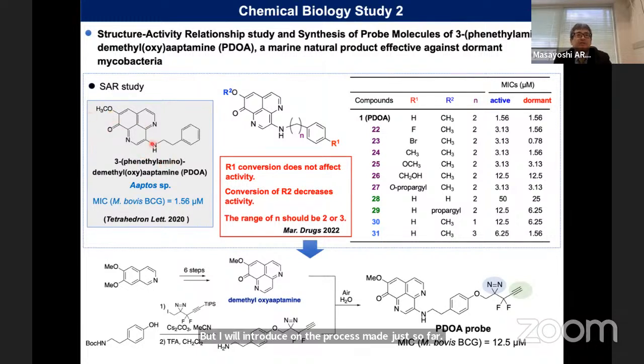This compound was isolated from an Indonesian marine sponge of Arctos species, and it not only shows potent antimicrobial activity, but also proved effective against multi-drug resistant Mycobacterium tuberculosis. And the successful total synthesis has been accomplished.